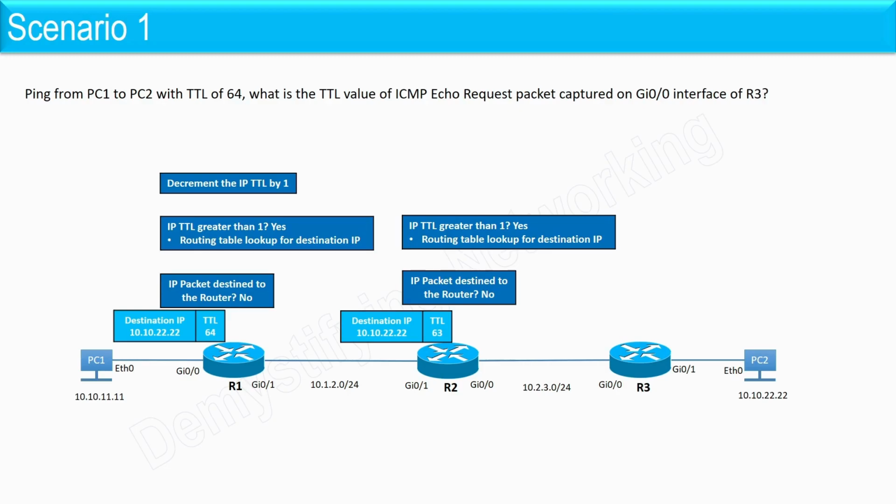The router then performs a routing table lookup for the destination IP address and finds the next hop address and the exit interface. The router then decrements the IP TTL by 1 and sends an IP packet with an updated TTL value of 62 to router R3.